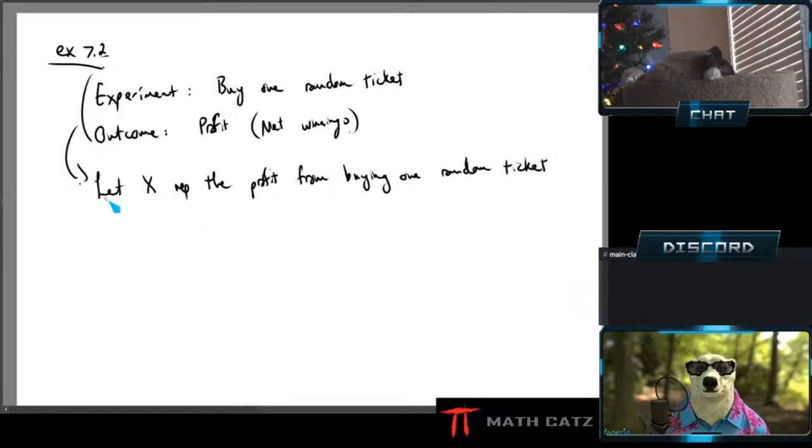They are connected. If the experiment changes, like I buy 2 tickets or something, or the outcome changes, like maybe not profit, but just winnings, then the random variable has to change as well. They are tied to each other. But in this case, they're talking about profit, so I define my random variable as X accordingly.